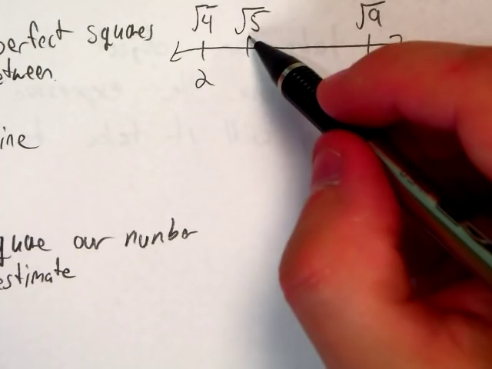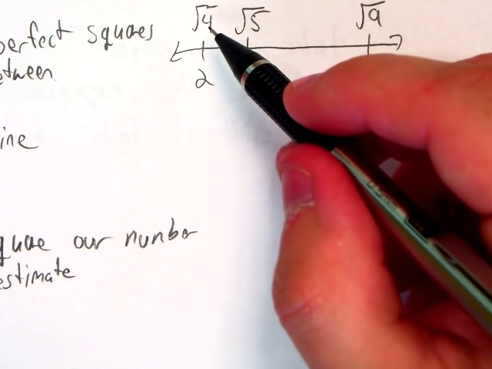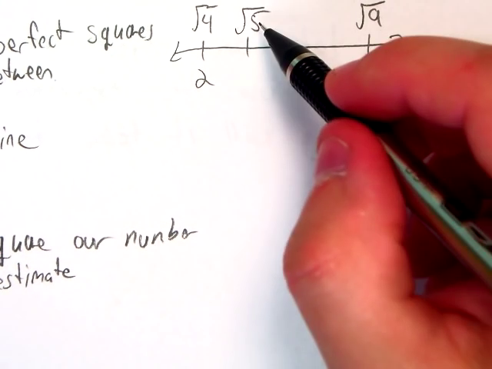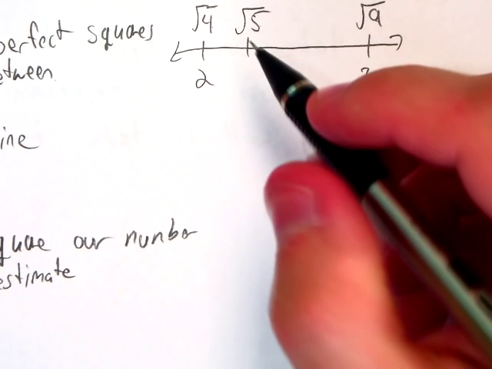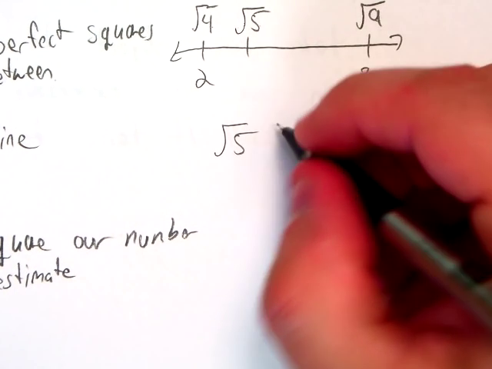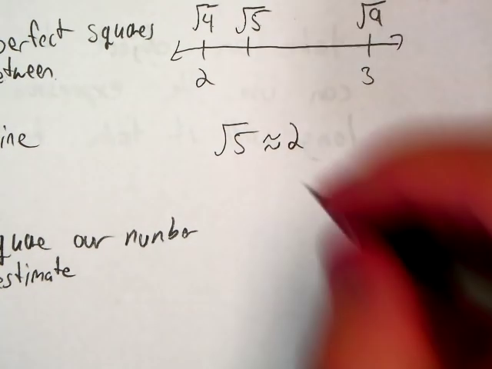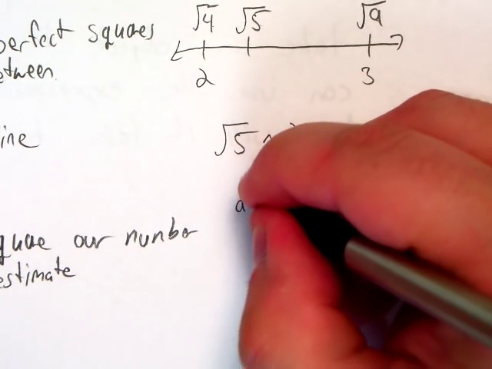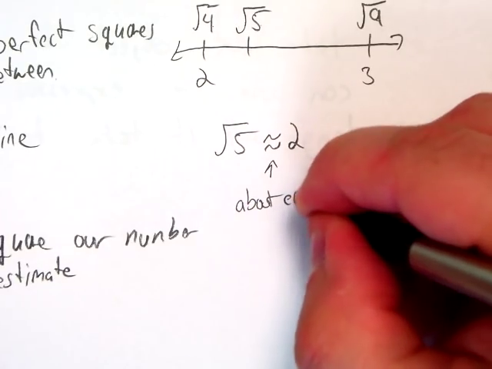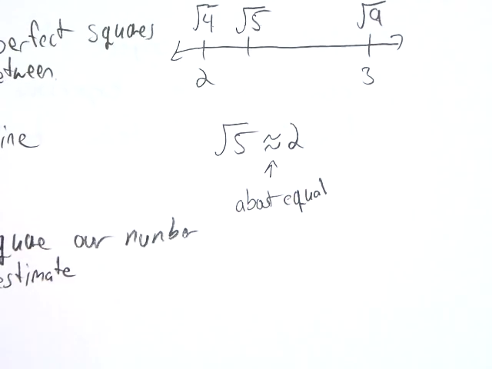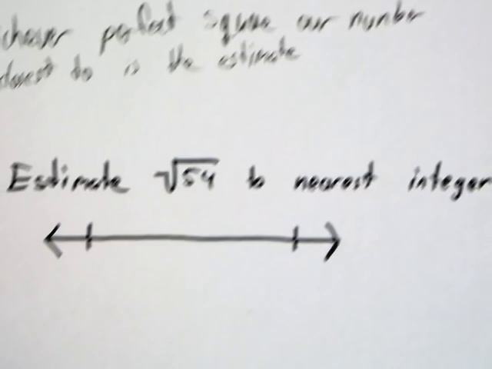So because the square root of 5 is closer to the square root of 4 than it is to the square root of 9, 5 is closer to 4 than it is to 9, that means the square root of 5 we can estimate as about 2. This symbol here means about equal. A lot of times that symbol is used when we are estimating an answer or rounding an answer.